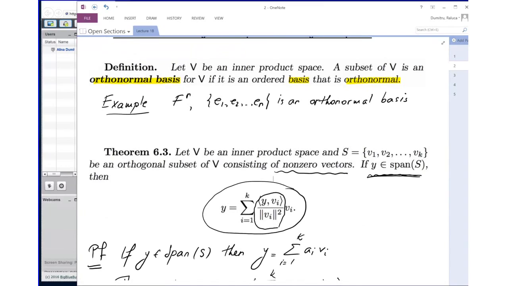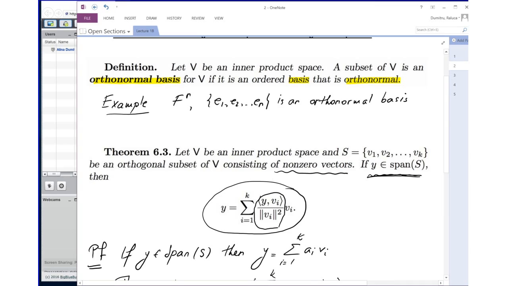So, the next question is the following. Given a finite dimensional vector space, which is an inner product space, can we always find an orthogonal basis or orthonormal basis? We know that any finite dimensional vector space has a basis. We proved this before. But can we actually get an orthogonal basis?